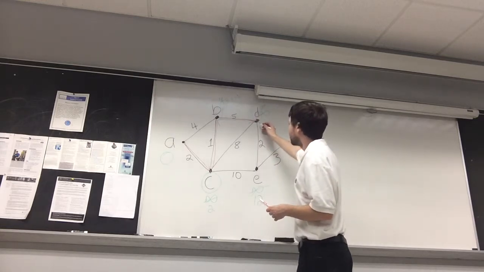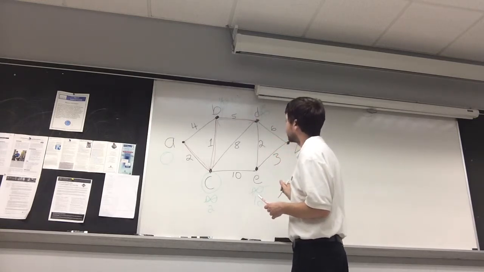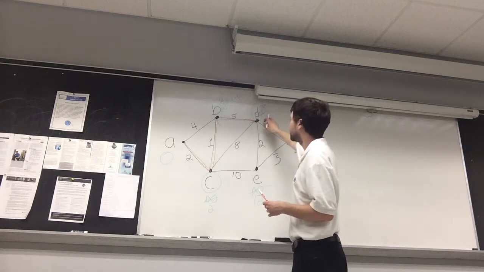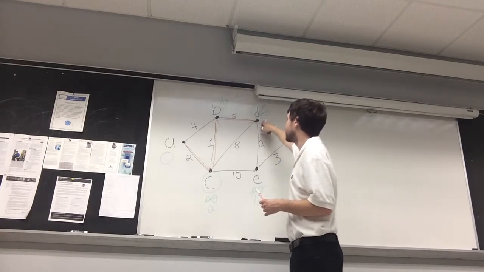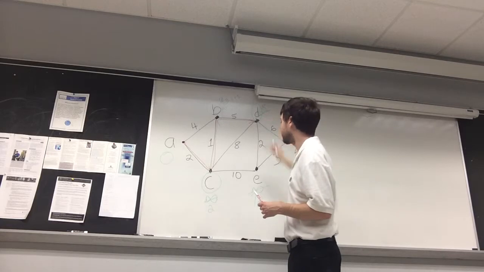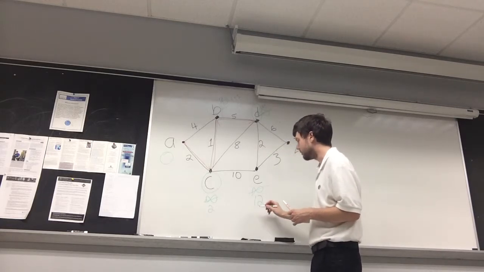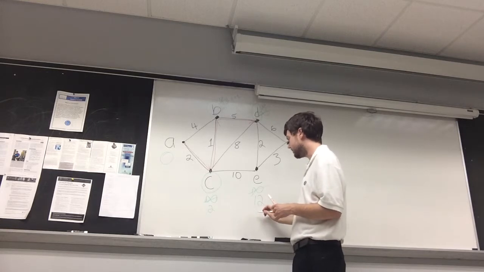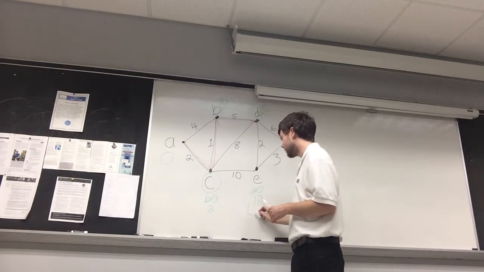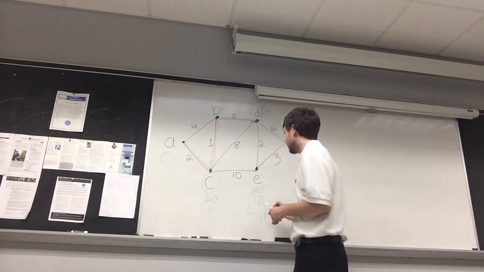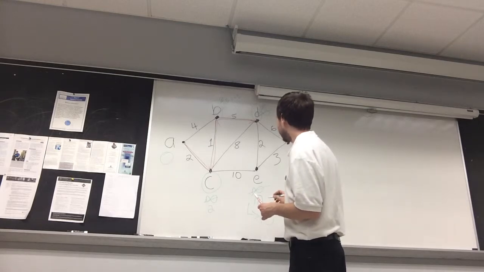So the weight from D to E is 2, and the current path total to vertex D is 8, so we add 8 plus 2, which is less than the current value of vertex E, which is at 12 right now. So we replace 12 with 10, which is smaller than 12.